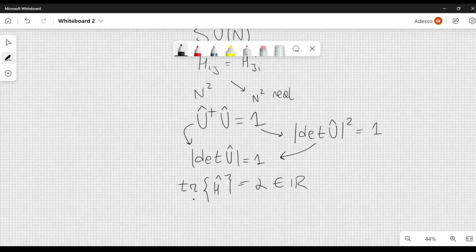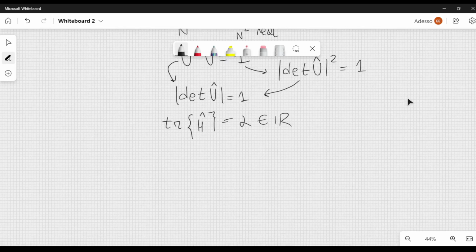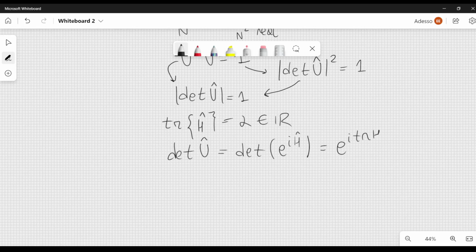And also the determinant of U is equal to the determinant of e to the iH, and this is equal to e to the i times the trace of H. In this case we can actually give a proof of this fact, and in particular let's start from iH.